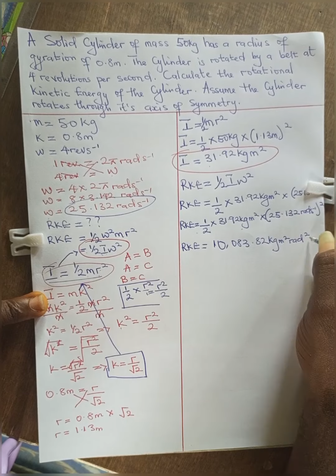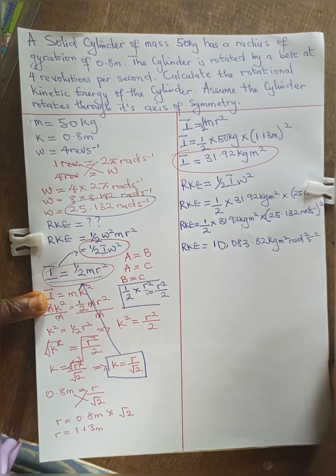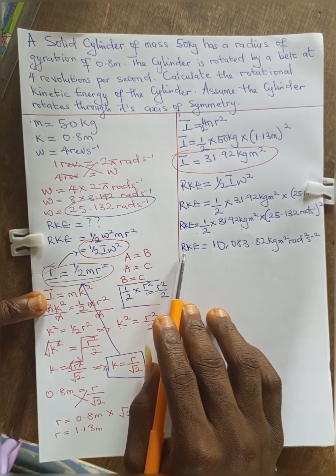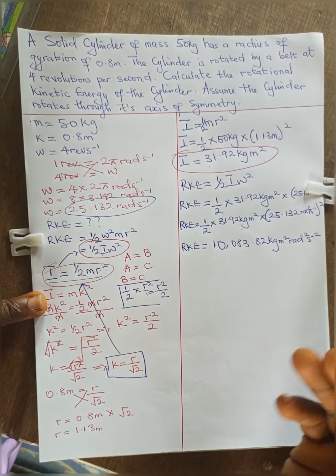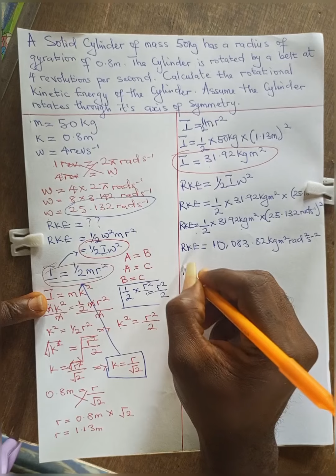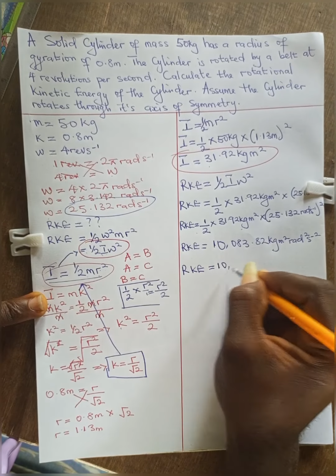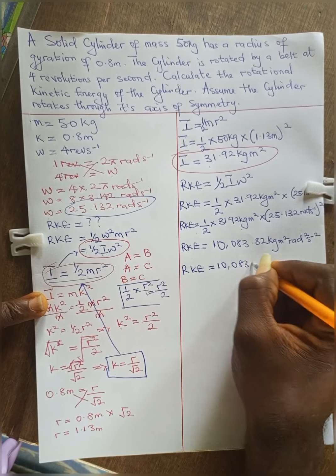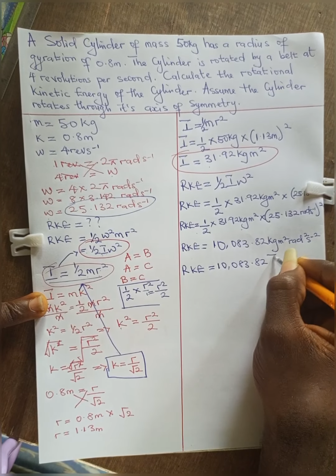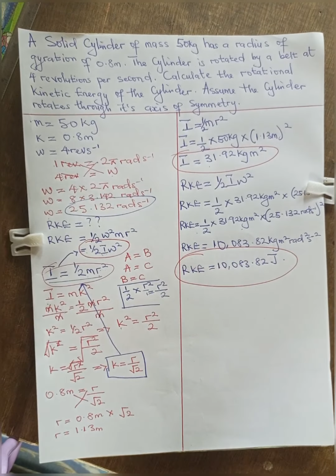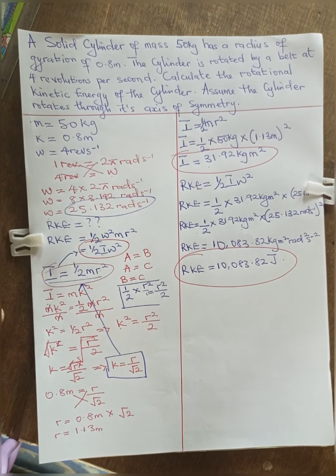Second square raise to power 2, you also get per second square. But instead of writing all this, since na energy, remember rotational kinetic energy, and you measure energy in joules, so if you simply write the rotational kinetic energy as 10,083.82 joules. So this now na the answer of the rotational kinetic energy.